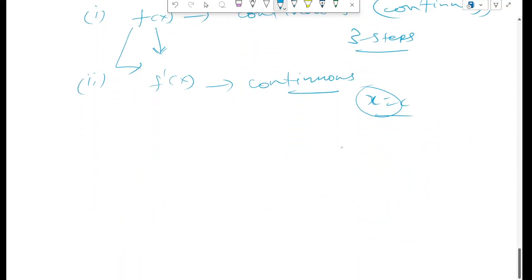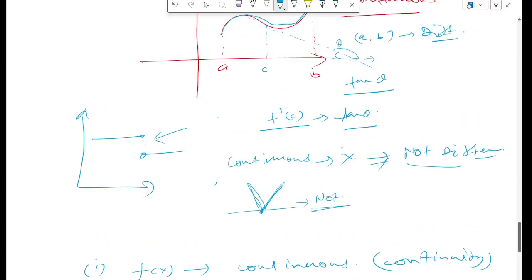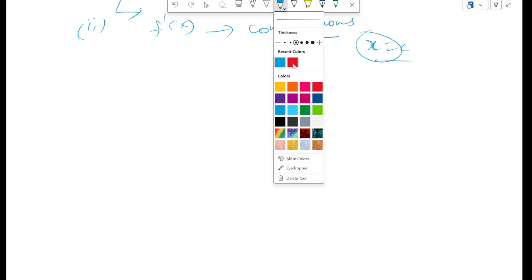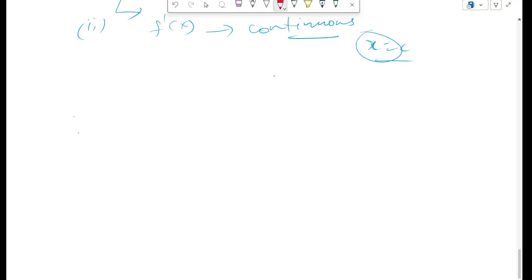Now let's take some examples and try to understand differentiability in more detail. Okay, this was just an introduction to what differentiability of a graph means. So let's take an example. Let's talk about a very famous function. Let's take f(x) equal to minus x when x is less than 0, and x when x is greater than or equal to 0.